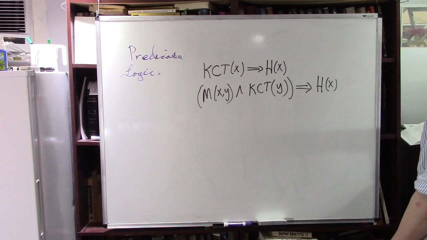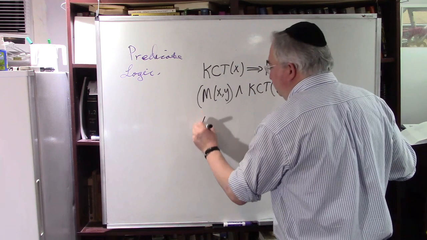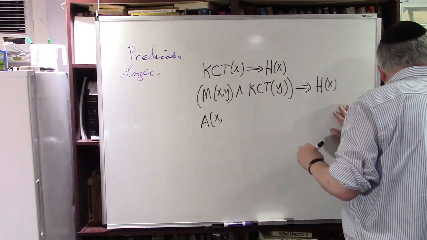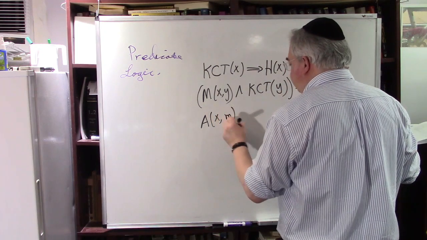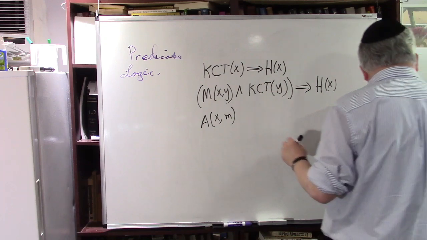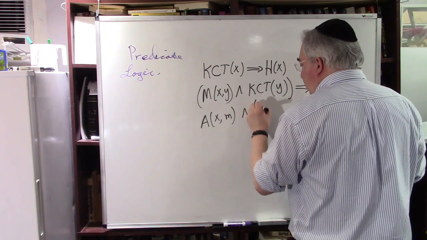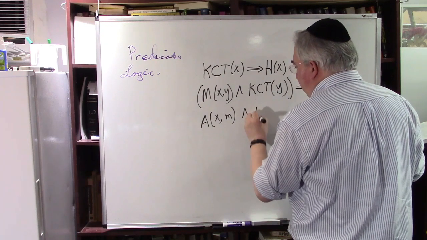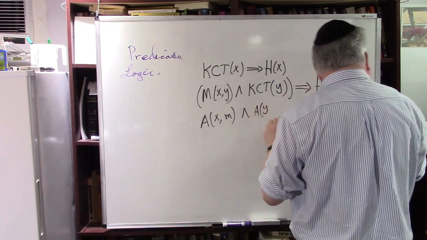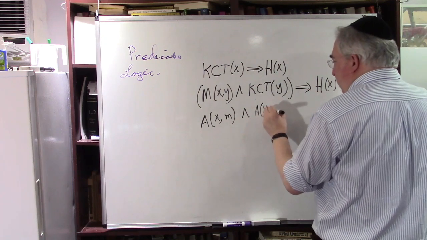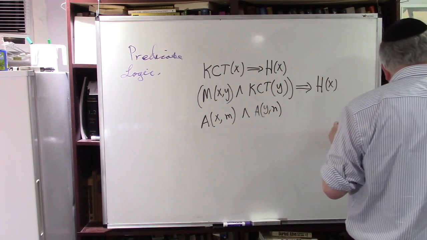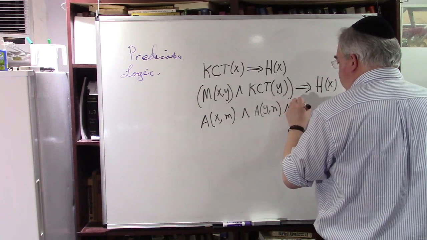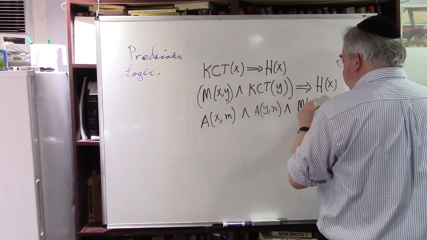Next, here's another cute example. If A of x is m, and, oh shoot, hold on. And A of y is n, and M of x y.